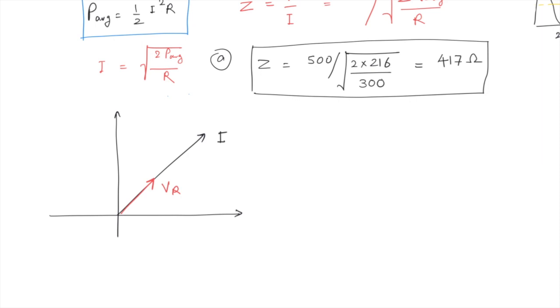Hence, our VL will be in this direction, which will lead the current phasor by 90 degrees. And now the resultant of these two we need to figure out, let's say my resultant is this blue one which I am drawing.